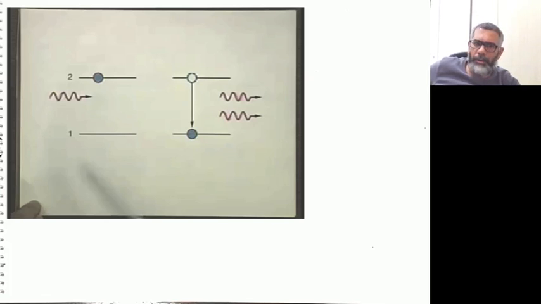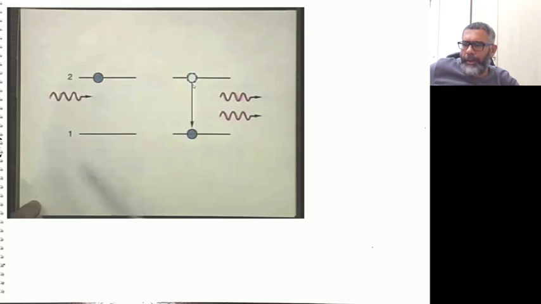This happens as soon as the photon is on the way of the electron. The atom does this behavior 100%. This is called stimulated emission.